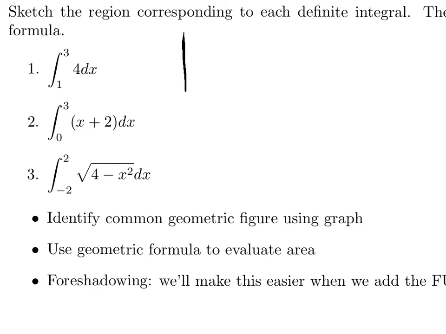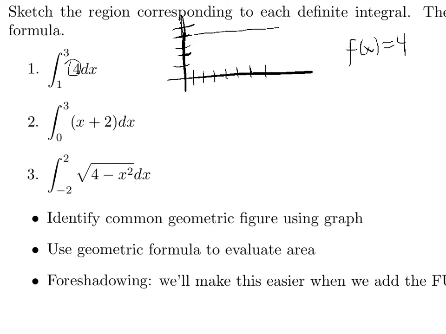The integral from 1 to 3 of 4 dx. 4 is the function. How do you graph 4? If f of x equals 4, what does it look like? It's a horizontal line. 1, 2, 3, 4. And we're looking at the integral from 1 to 3.